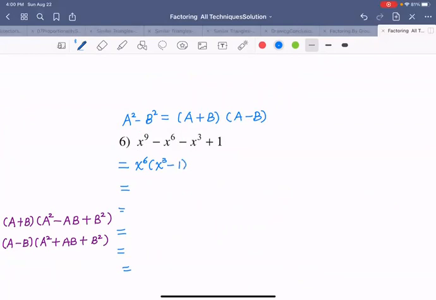And then minus parentheses x to the power 3 minus 1. There you go. We can take out this and we put what? X to the power of 6 minus 1. There you go. X to the power 3 minus 1. There you go.